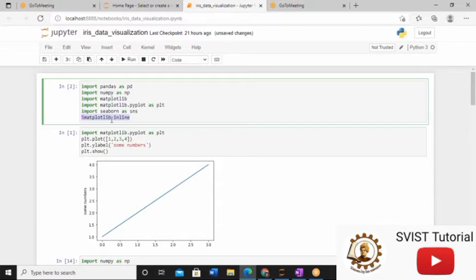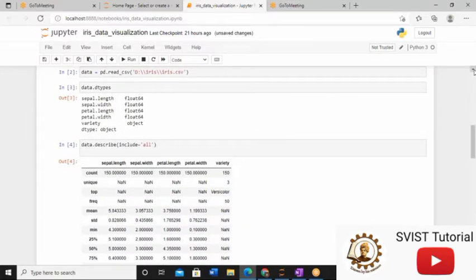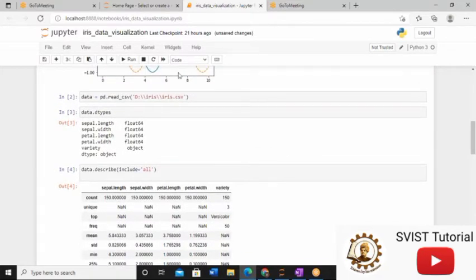But what are we doing today? See here, again our intention is to read the CSV file where we have our Iris dataset, and then we have to analyze it. So in the previous class I have explained how to read a particular file.